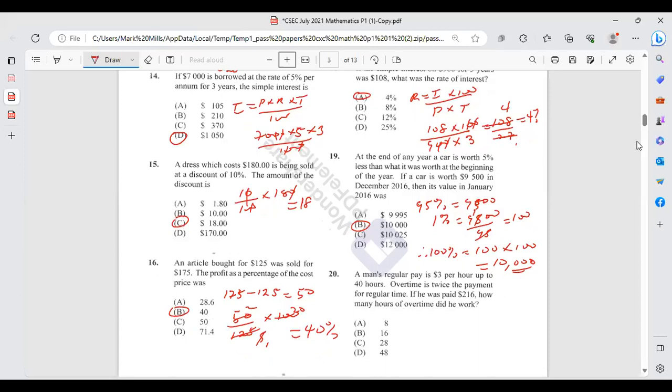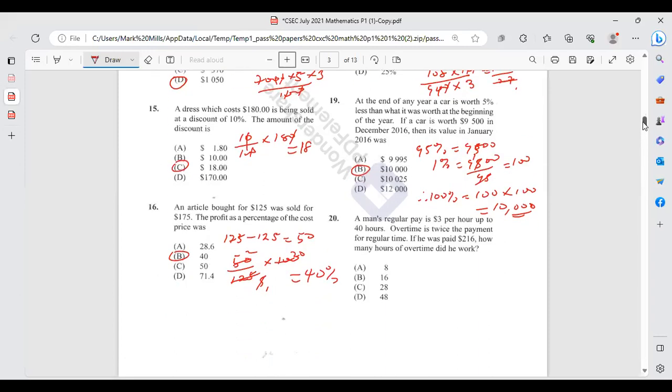All right, number 20. A man's regular pay is $3 per hour up to 40 hours. Overtime is paid twice the regular rate. If he was paid $216, how many hours overtime did he work? 16 hours.